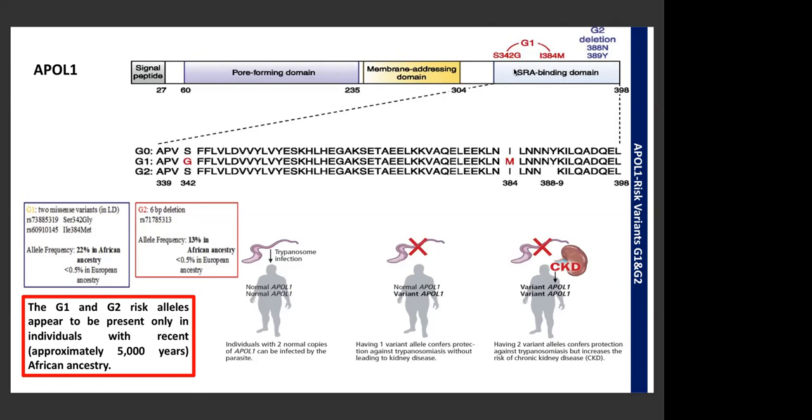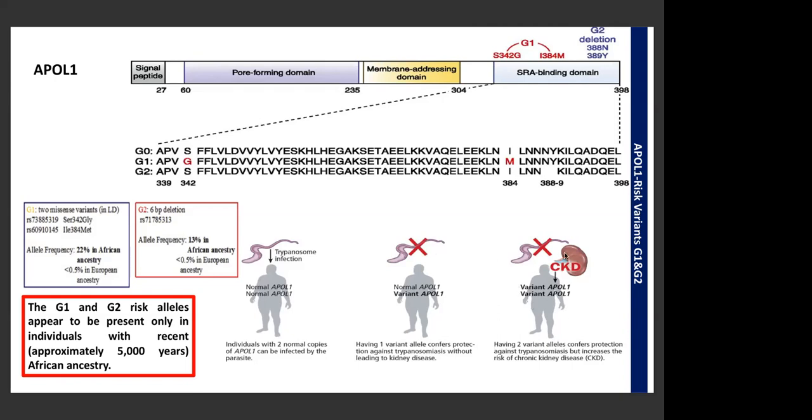A mutation occurred in this region so that APOL1 can do its function and protect human beings from trypanosoma infection. Individuals who have wild-type APOL1 can get infected with the trypanosoma, but human beings who have at least one variant of either G1 or G2 are protected from the trypanosoma infection.